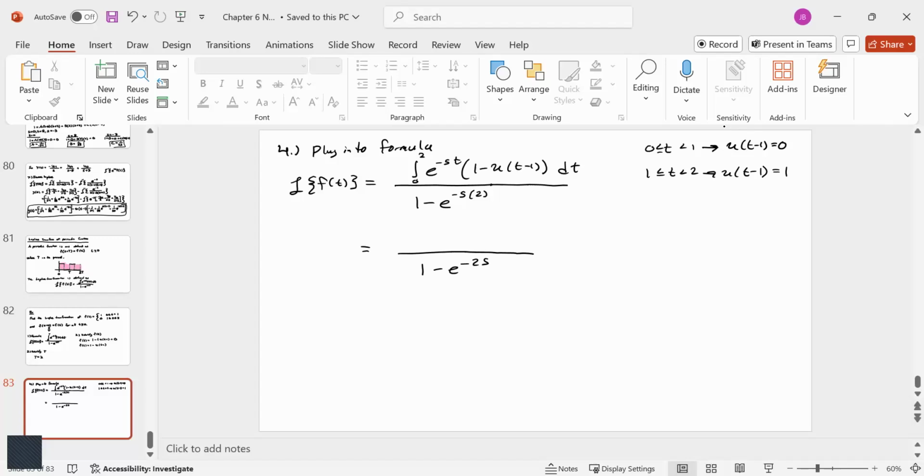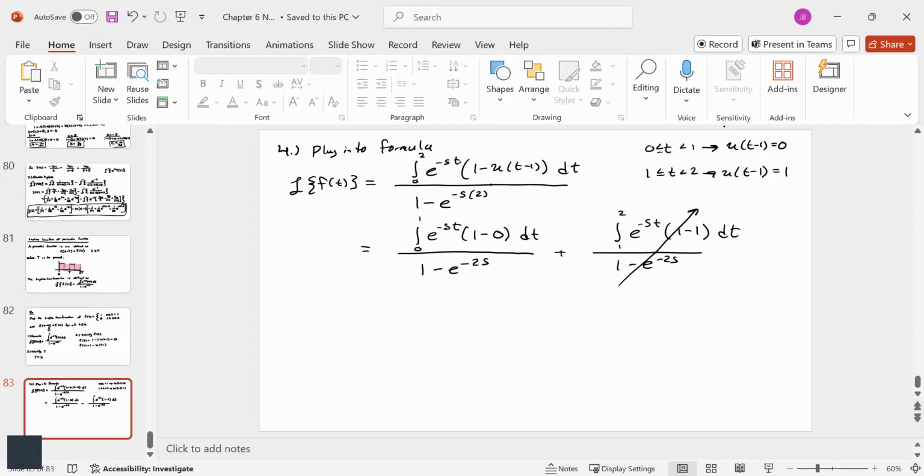So 1 minus e to the negative 2s, the integral from 0 to 1, e to the negative st times 1 minus 0 dt, plus 1 minus e to the negative 2s, the integral from 1 to 2, e to the negative st times 1 minus 1, because u of t has become 1, dt.